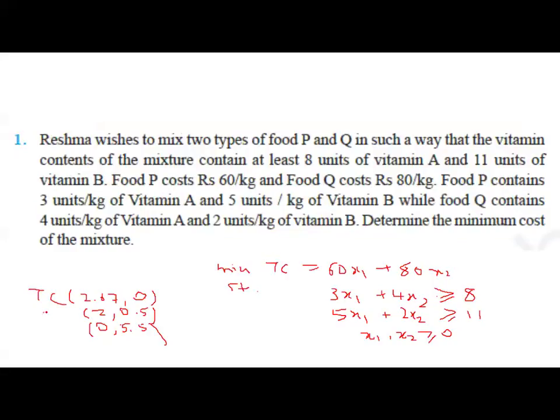So the total cost in the first case, the second case, and the third case. What is the total cost here? 60 into 2.67, or whatever, is 120 plus 2/3 is 40. 120 plus 40 is 160.